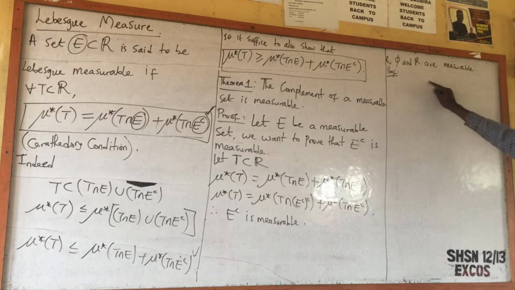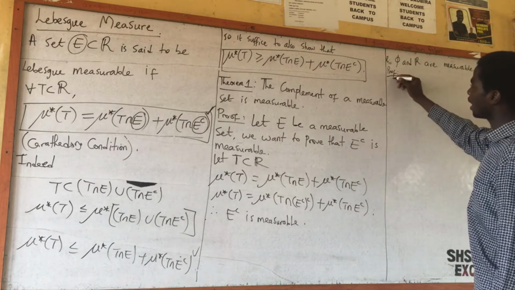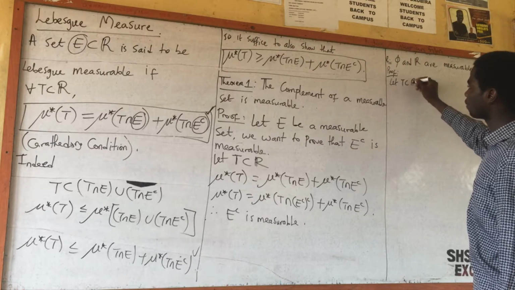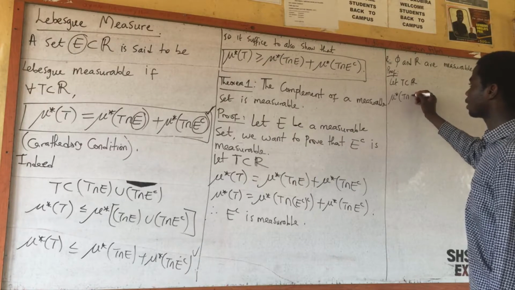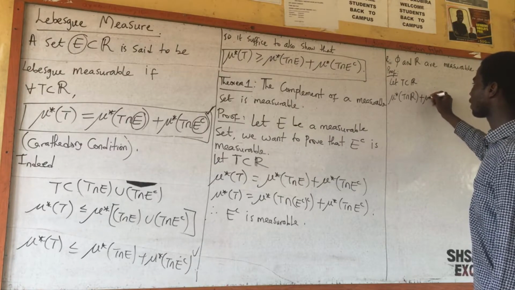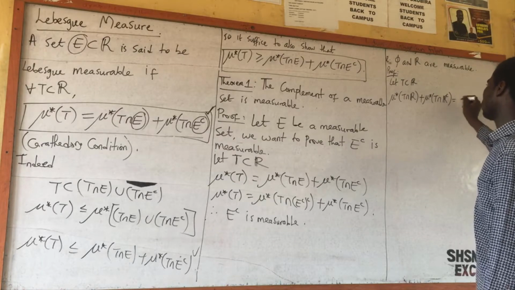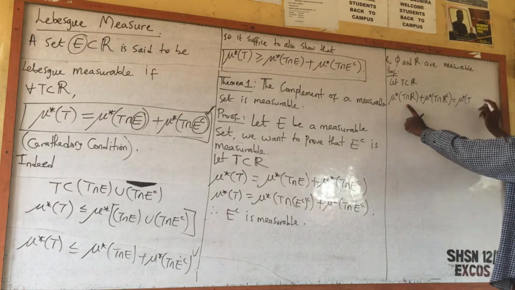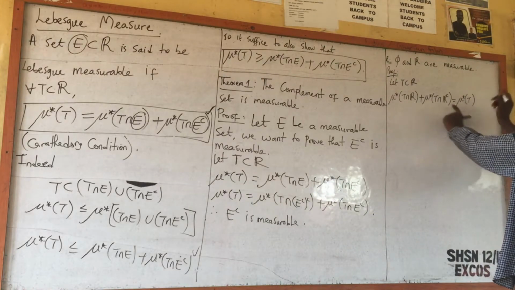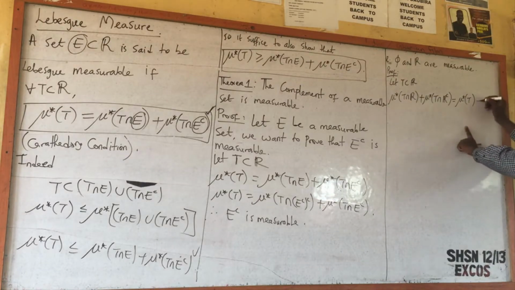I want to prove that R is measurable, and indeed R is measurable because, look at it, let T be a subset of R. What happens is that if I take the outer measure of T intersection R plus the outer measure of T intersection R complement, the first one gives me the outer measure of T, since T is inside R, it's a subset of R. So T intersection R will just be T. Plus the outer measure of T intersection R complement.